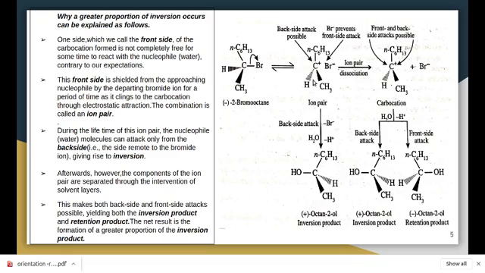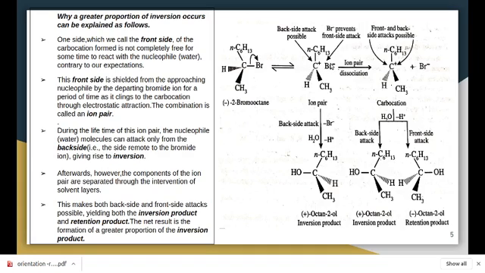But in the reaction mixture, the leaving group will not move away. It will stay for some time with the carbocation and form an ion pair due to the electrostatic attraction between the carbocation and the bromide ion. Due to this attraction, the leaving group will not move away from the front side of the carbocation.